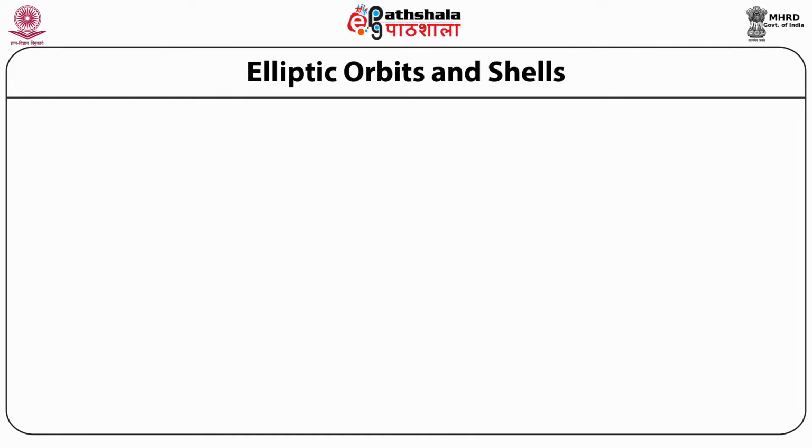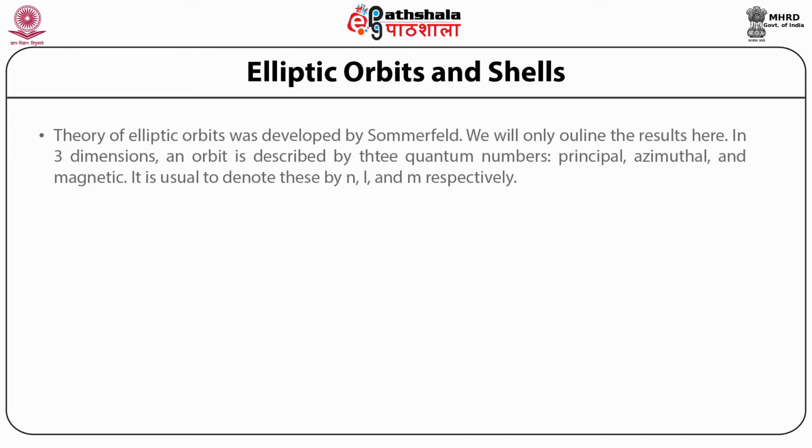Bohr's theory applies to circular orbits only, but as I already said, the atom consists not only of circular orbits, but of circular and elliptical orbits. So, the theory of elliptical orbits was developed by Sommerfeld, and this was an extension of the Bohr model.